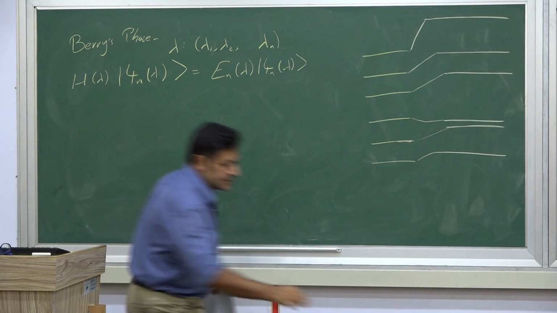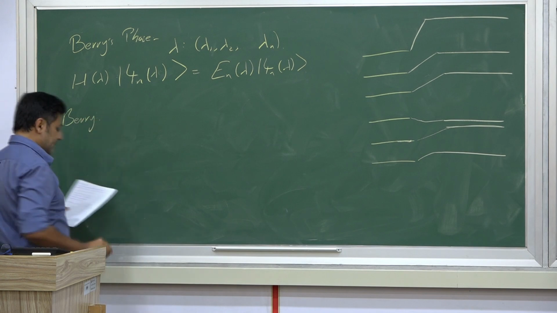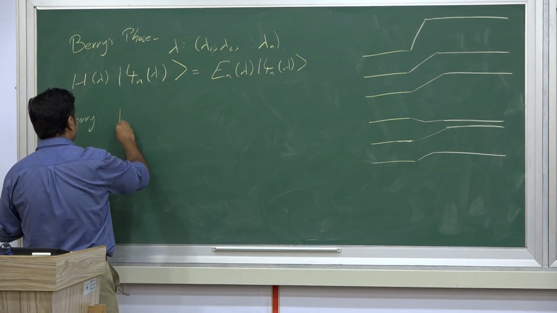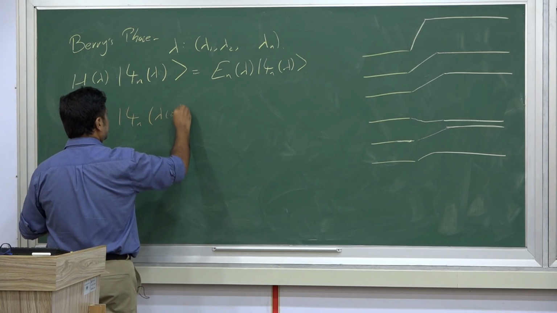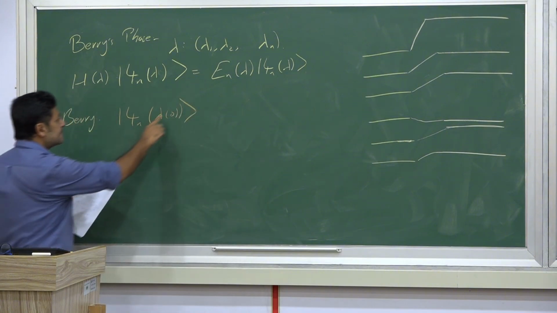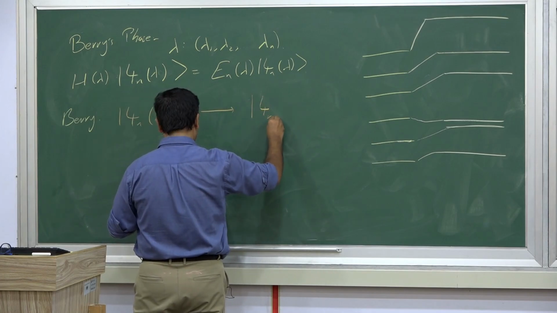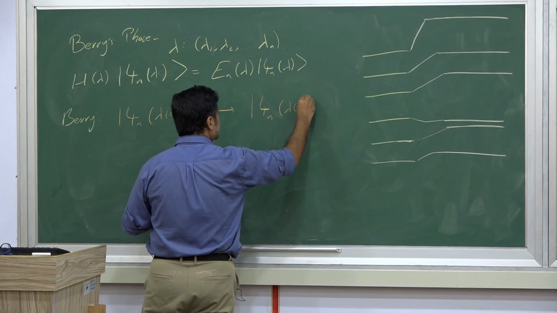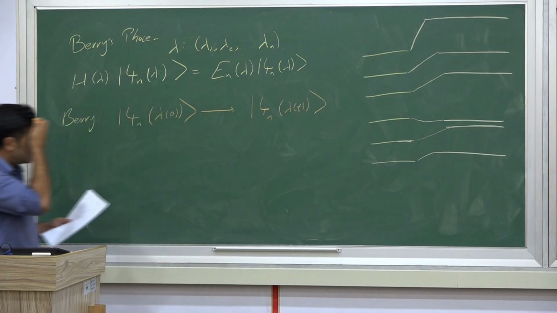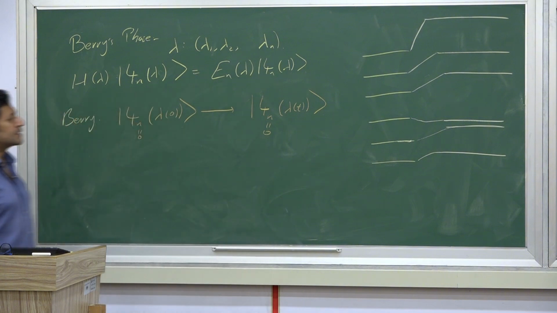So what Berry discusses is that if I start in a state with certain parameters in the beginning, then I remain in the same corresponding state as my parameters change. So in particular, if this is ground, this will remain ground. But that's not the most interesting part.